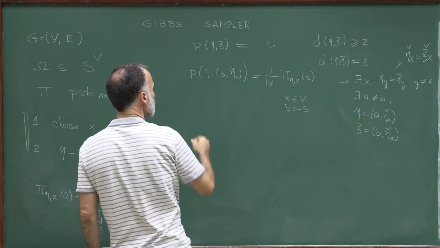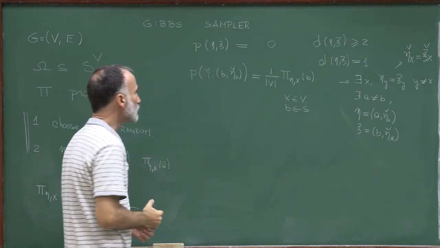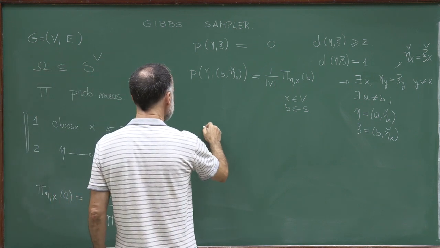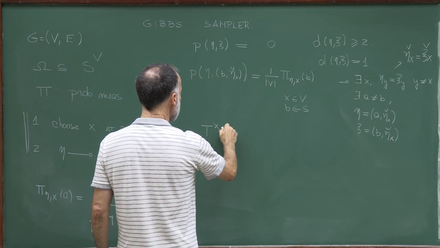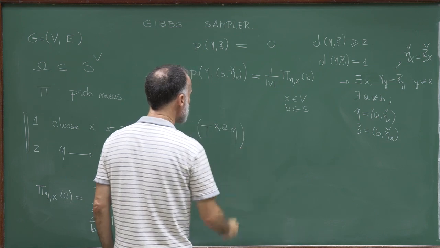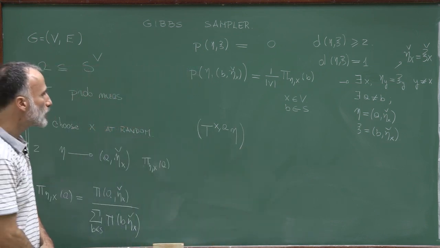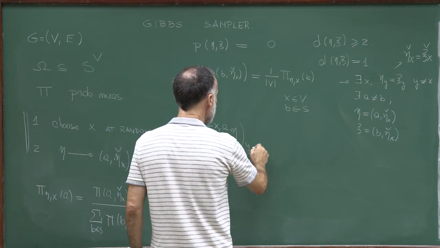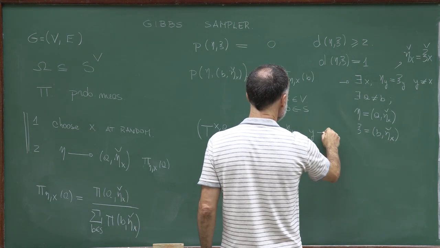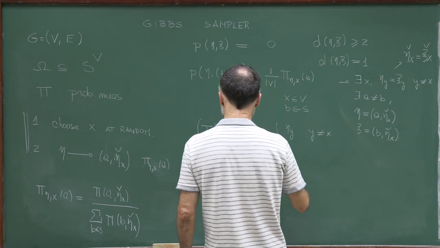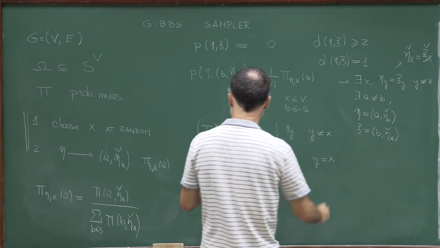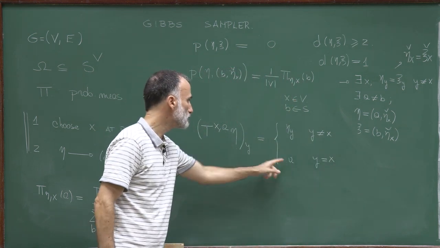So maybe in order to have a simpler formula, let me represent by t x a of eta the new configuration. So this is a new configuration omega, which at site y is equal to eta y for y different from x, and which is equal to a for y equal to x. So this is the a here.